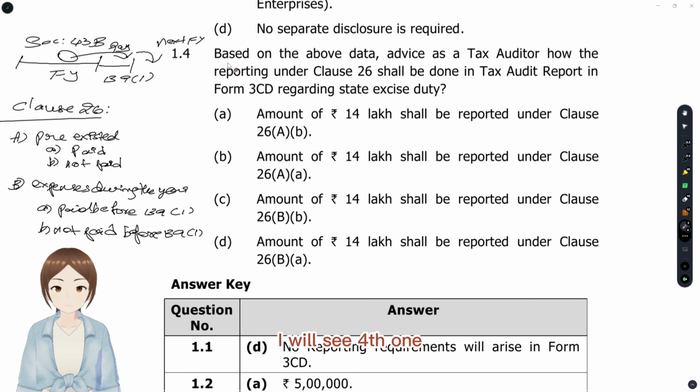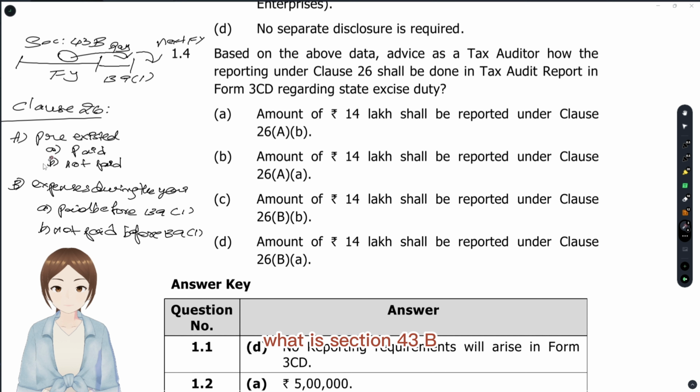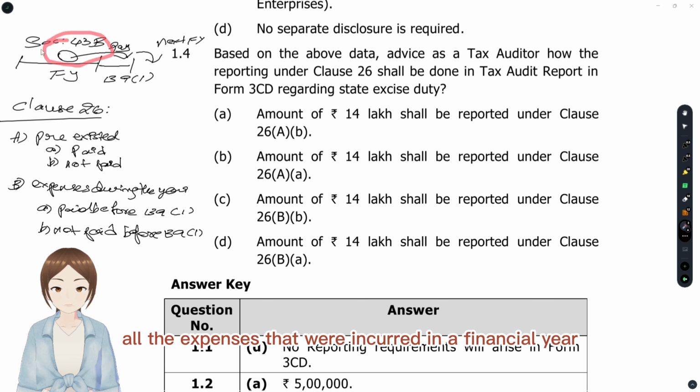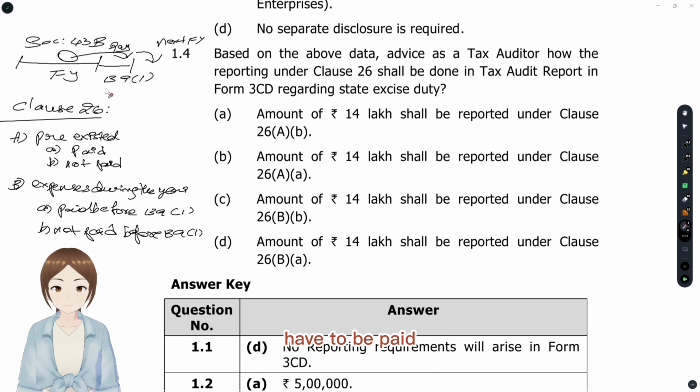And we'll see the fourth one. Based on the above data, advise as a tax auditor how to report under clause 26. Clause 26 reports what? Section 43B. What is section 43B? All the expenses that were incurred in a financial year have to be paid before the due date of filing the return of income.